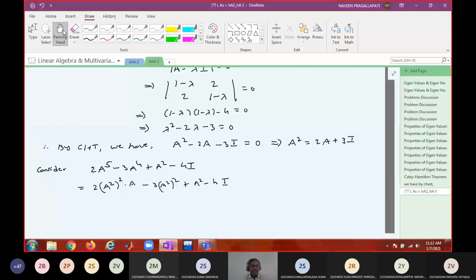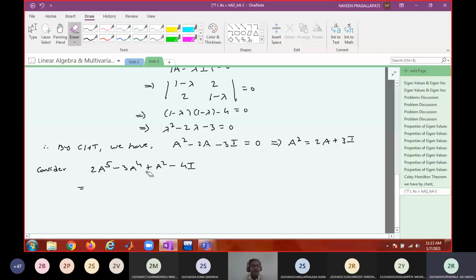But before proceeding, carefully observe this result. We have A squared minus 2A minus 3I. Can we take some terms common? We can take A^4 common from the first two terms.